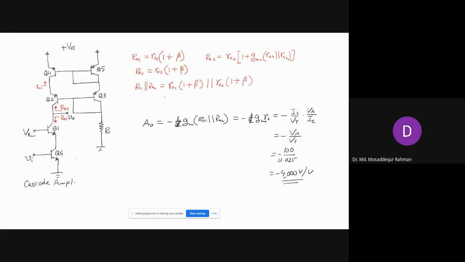Now, assuming R01 and R02 are the same as R0, we can express this as R0 times 1 plus beta in parallel with R0 times 1 plus beta, and that gives you half R0 times 1 plus beta.